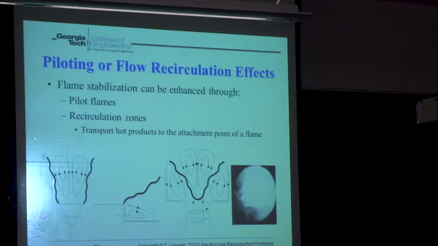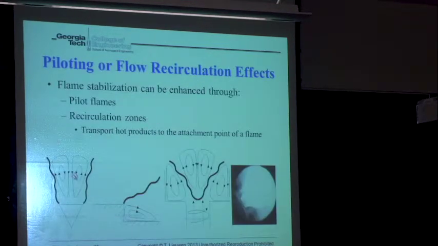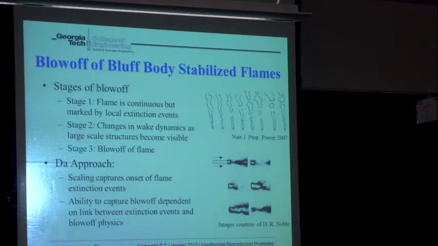But the flame always hangs on right here. So where does extinction happen? It doesn't happen here. It happens down here. You can see that in these images. For example, the flame is almost completely extinguished downstream. It's just hanging on, and presumably it's that product recirculation reigniting it and keeping the flame on.